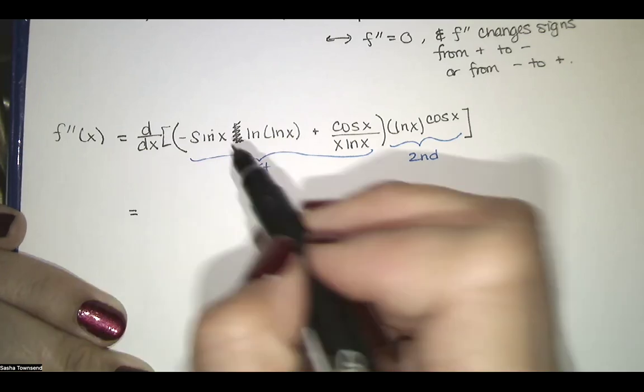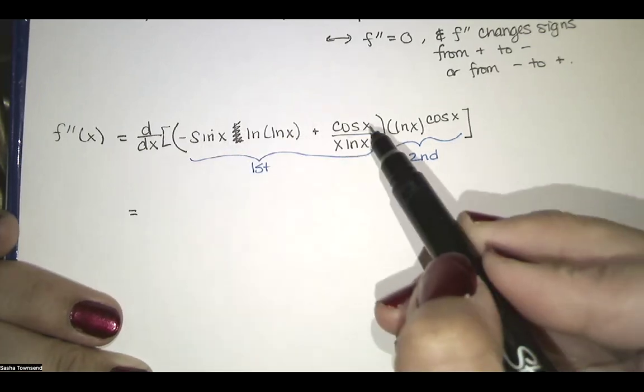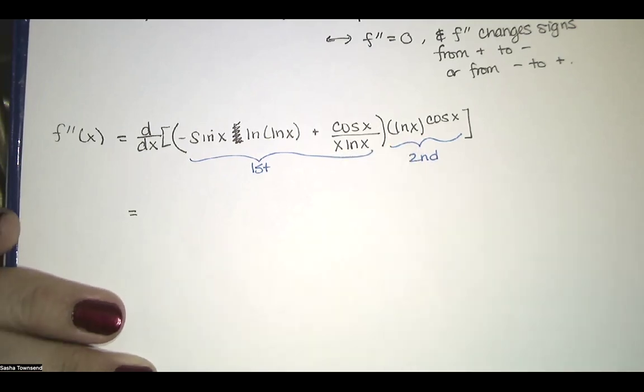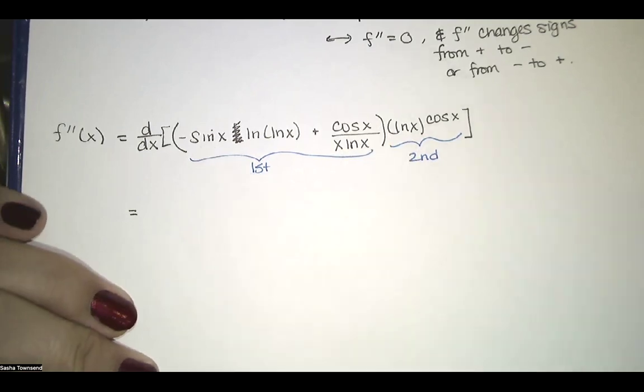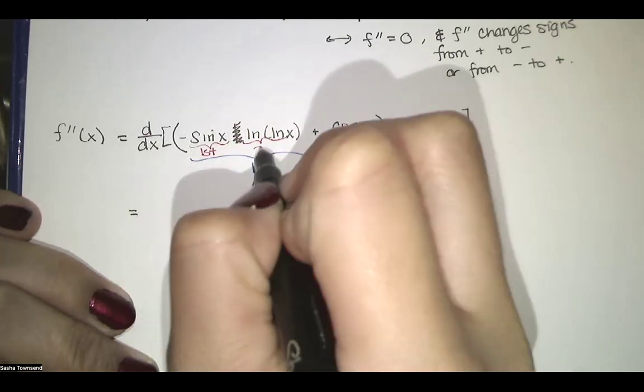What we'll have is the derivative of the first. Well, the derivative of the first requires a product rule for this, and a quotient rule with a product rule inside for that. So using the product rule on this part, we'll call this the first function, and this the second function.